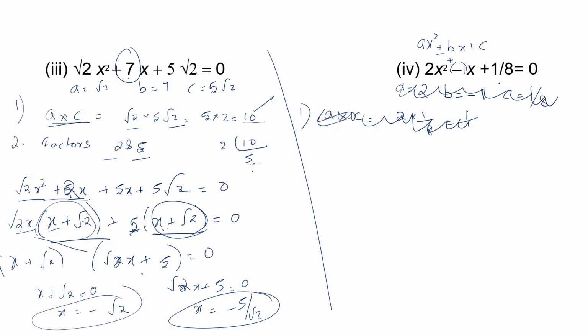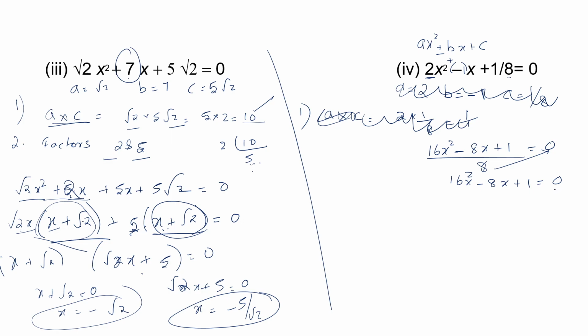So let's multiply this, take 8 as LCM. So 8 as LCM means this will become 16x square minus 8x plus 1 equal to 0. So this will be the equation.